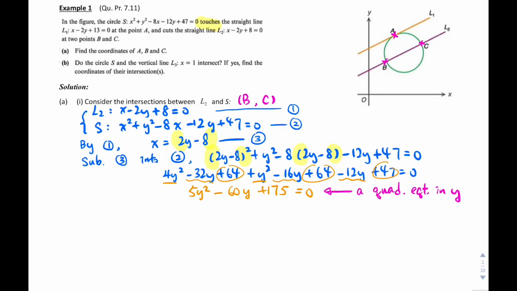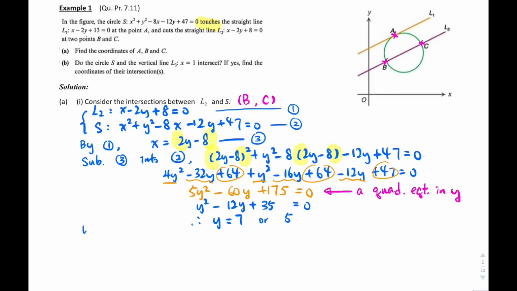So the solutions for this equation are actually the y coordinates of the two intersecting points B and C. We try to simplify and solve by either the cross method or by using your calculator. You will get y equals 7 or 5.